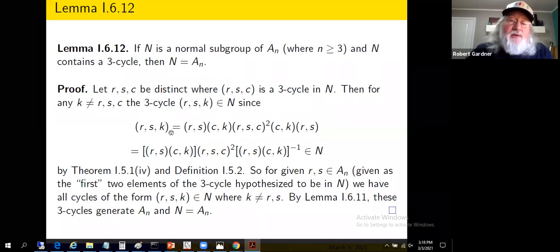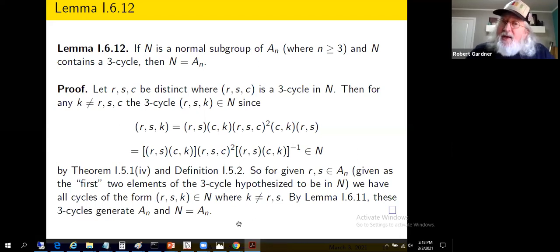If it contains all cycles of this form, because we're building them out of this cycle in the definition of normality, where K ranges over the symbols other than R and S, then lemma 1.6.11 tells you that collection of 3-cycles generates A sub n. We've got that collection of 3-cycles in capital N. We must have that capital N actually equals A sub n, because those 3-cycles alone generate A sub n.